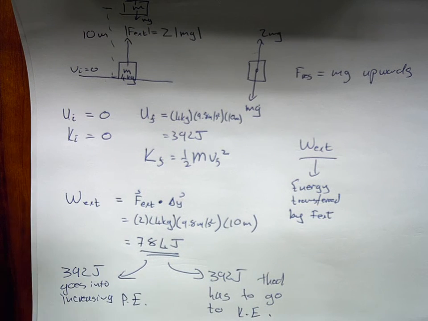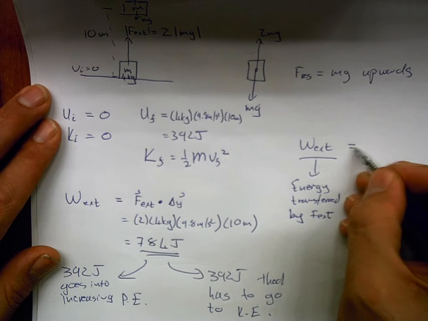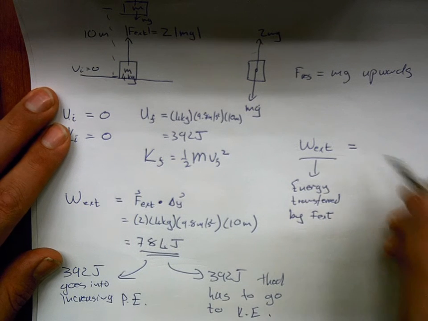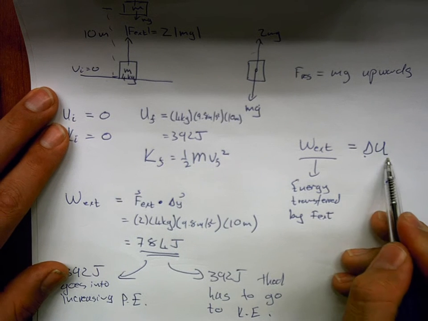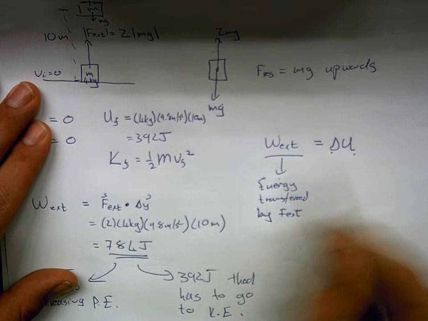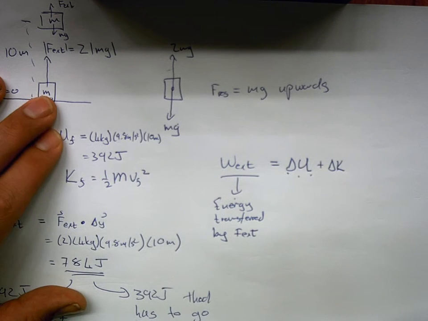So we're pumping so much energy into the system, that energy can go into one of two things. It can either go to potential energy, or to kinetic energy, or both. So the total amount of work done by the external force is equal to the change in potential energy of the system plus the change in kinetic energy. Some of this work increases the potential energy, and some of this work increases the kinetic energy.